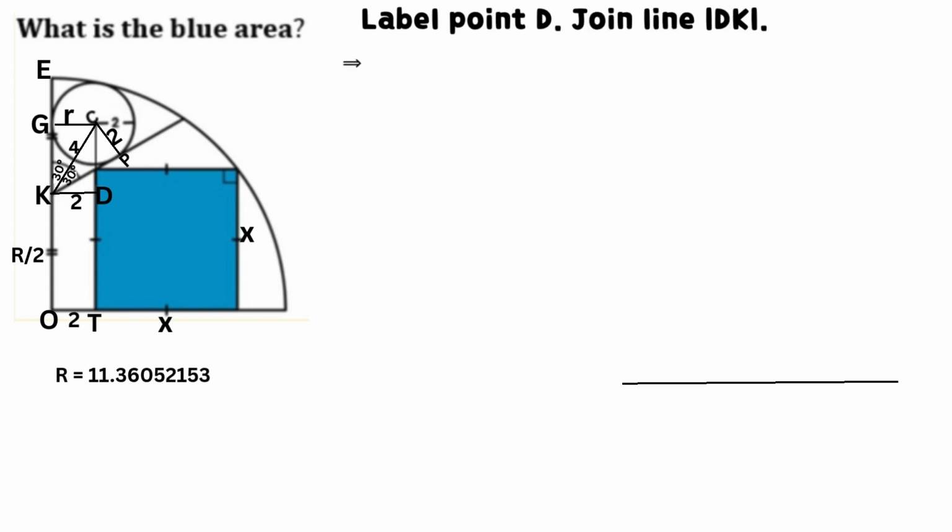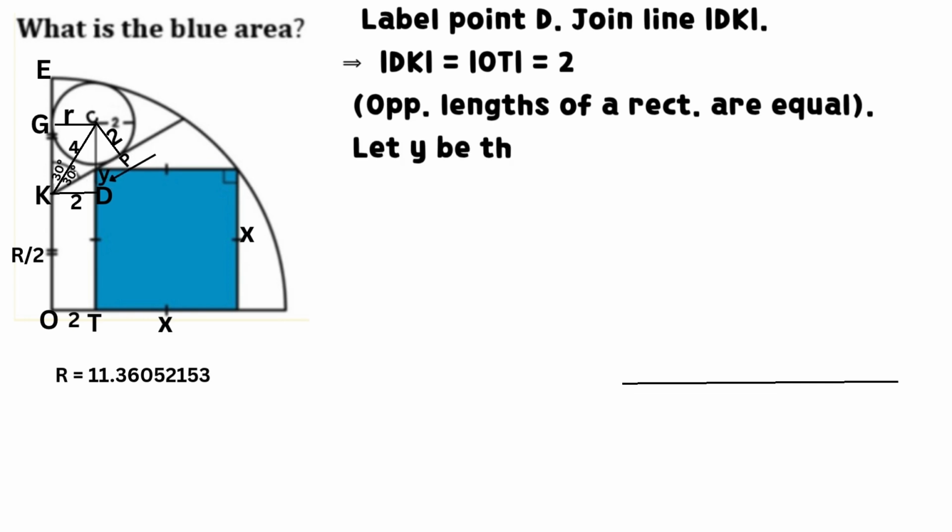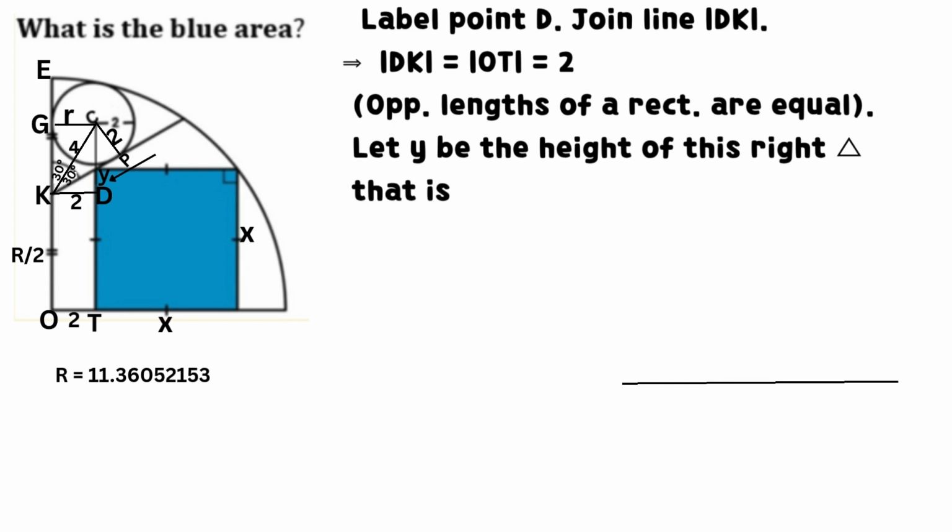Label point D. Join line DK. It follows that line DK equals OT, which equals 2. It is because opposite lengths of a rectangle are equal.